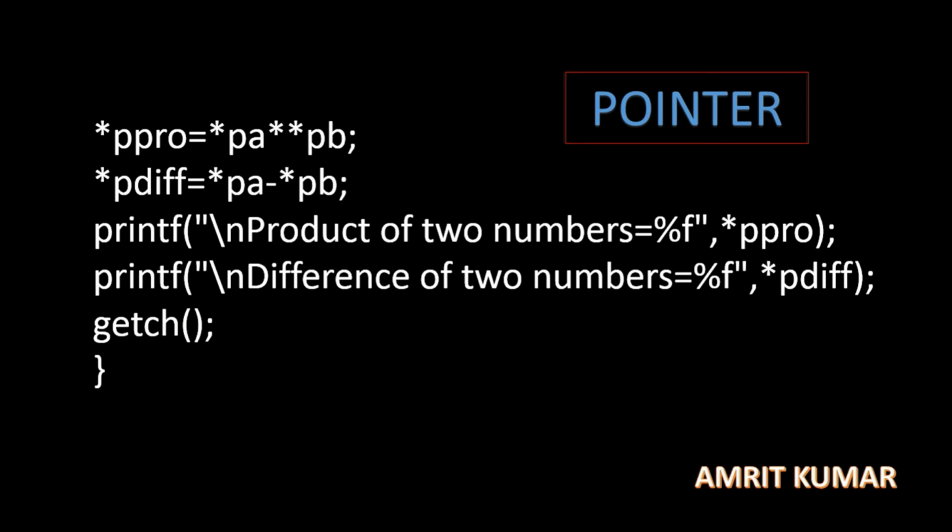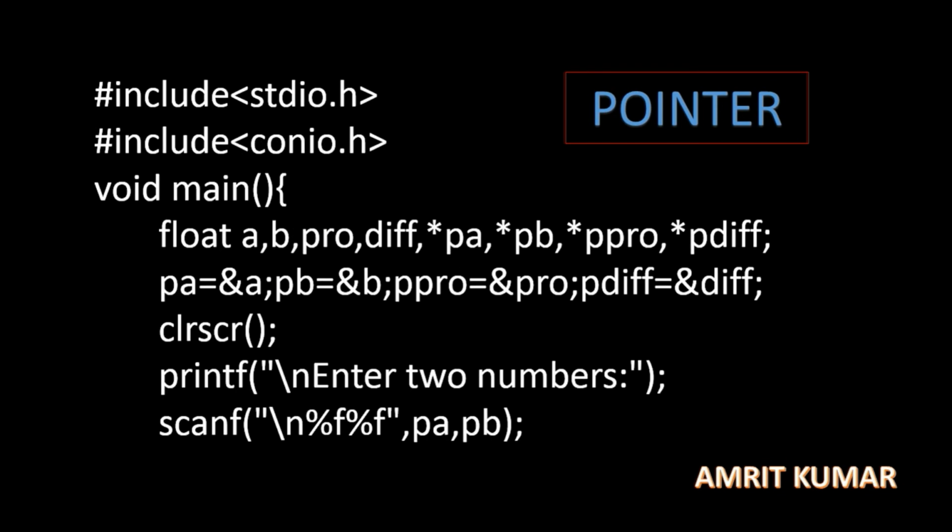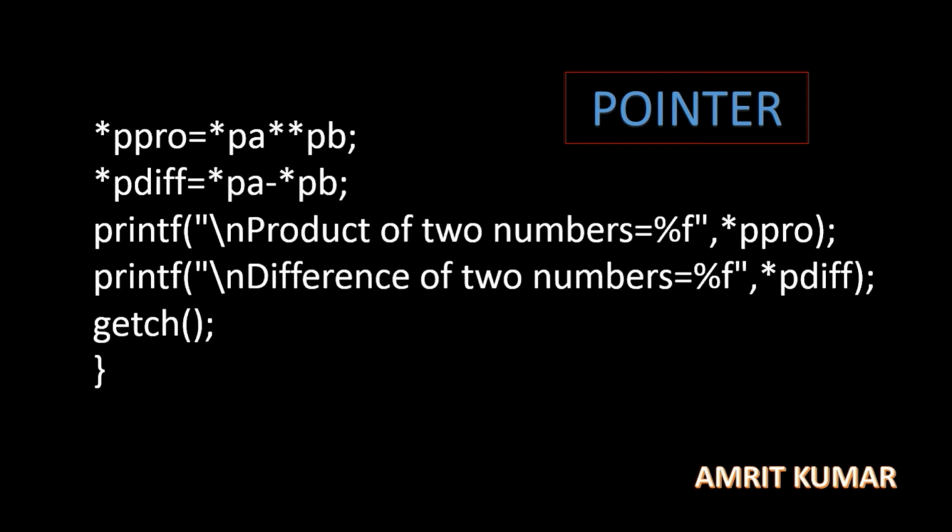The pointer concept says that when you use the asterisk for the first time, it holds the memory address of a particular variable, and when you use it the second time, it defines the value at that variable. So this was all about pointer program number 3 in C language.